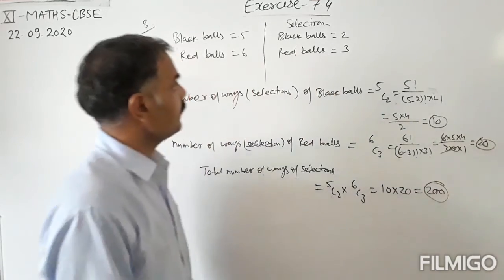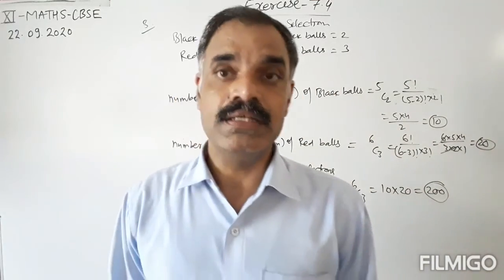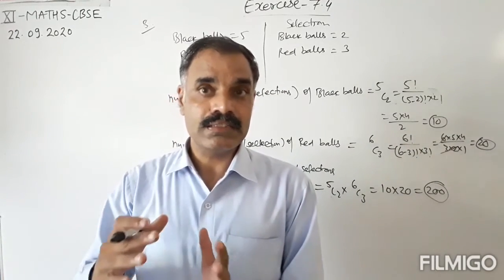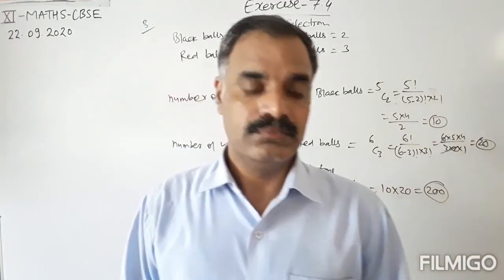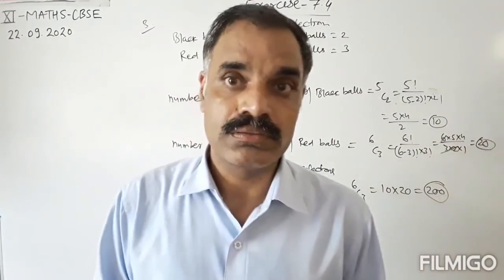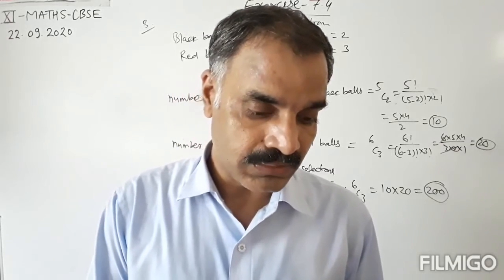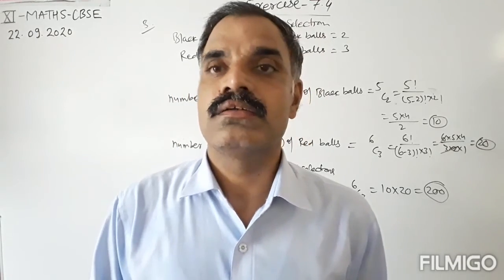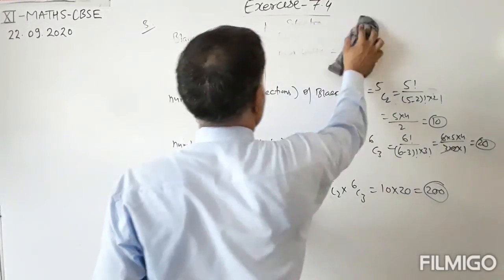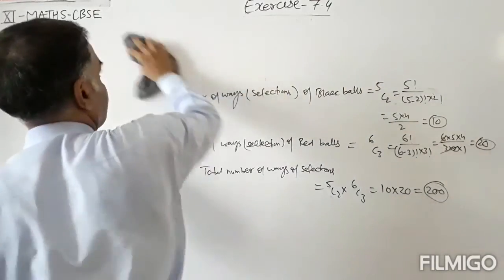So total number of selections are 200, means we can select in 200 ways 2 black balls and 3 red balls. Okay, so this was question number 8. Now we will take the last question of this exercise, that is question number 9.